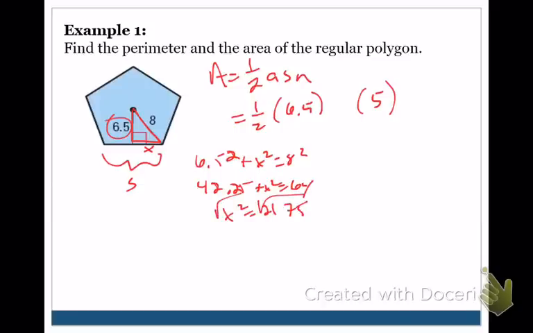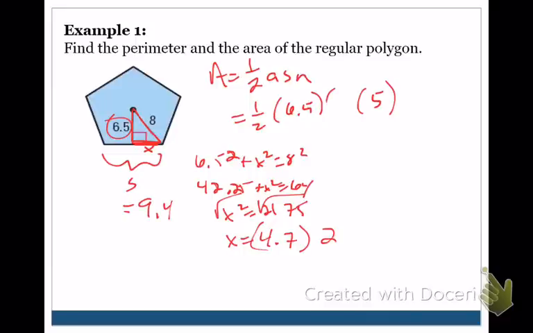And we square root both sides, and x ends up being about 4.7. Now, that's just the half of this side. So we've got to double that, so multiply by 2 to find the side length, which is going to be about 9.4.